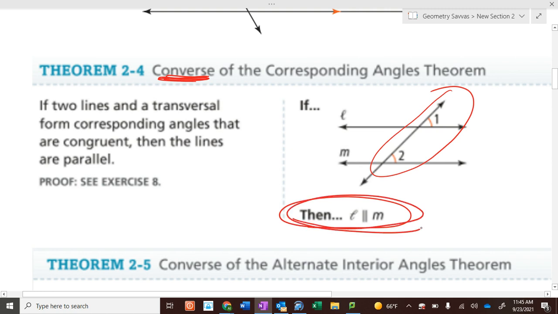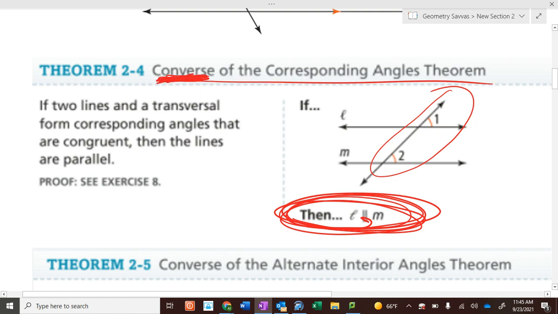If we're proving lines parallel at the end, then we use the converse of corresponding angles. If we start with parallel lines, then we say the corresponding angles are congruent. But if we start with angles that are congruent, that are corresponding, and we're proving lines parallel, that's when we use the converse. So we use the converse when we're proving lines parallel.